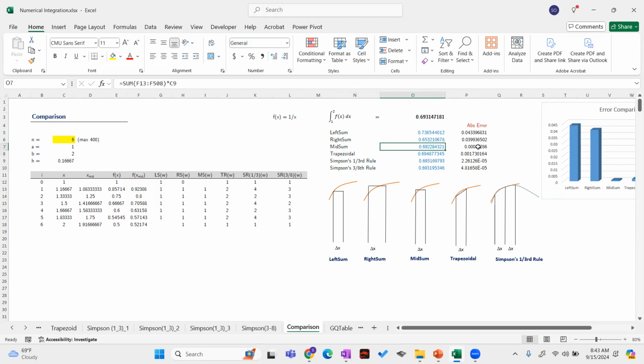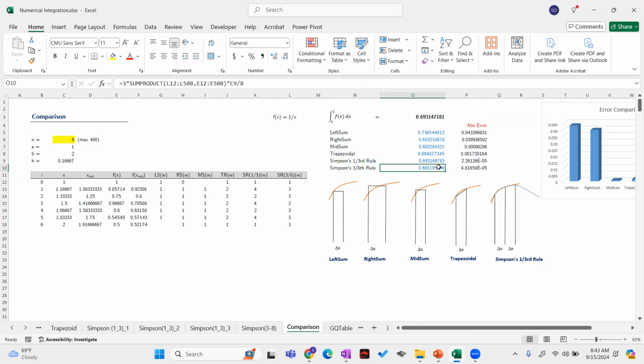You can see the error, it's half of this one. This is the best among these ones. And then Simpson's one-third rule, fantastic approximation, 0.693169. First 4 decimals are correct.